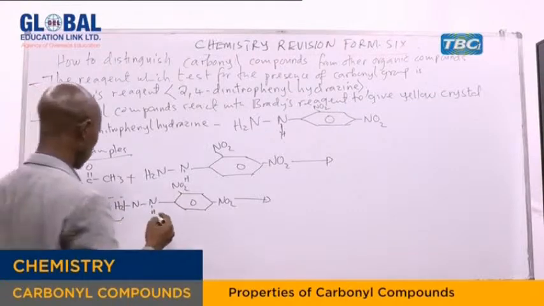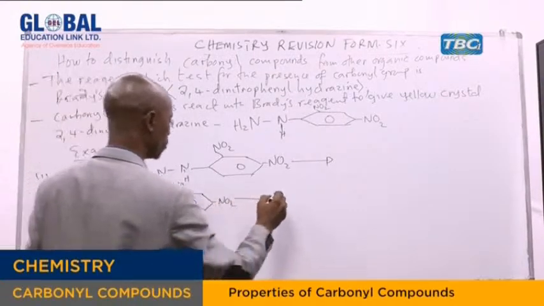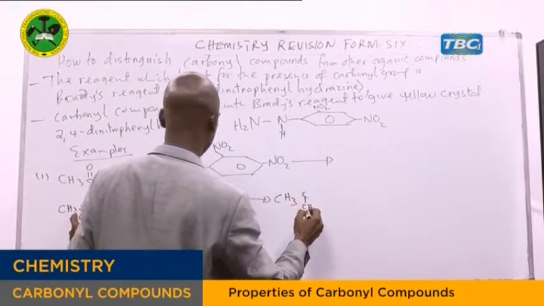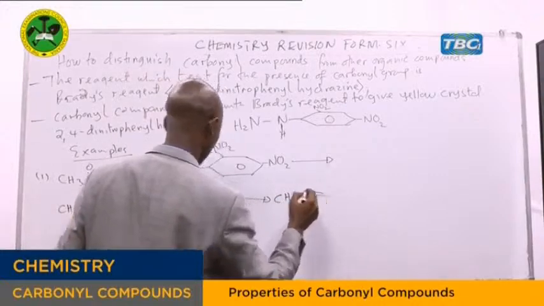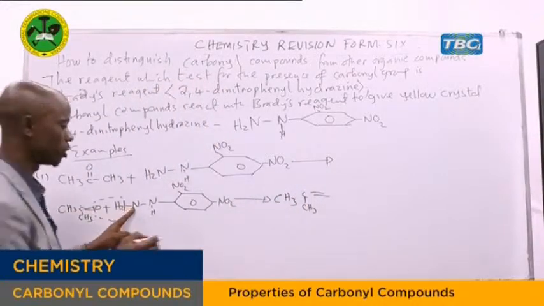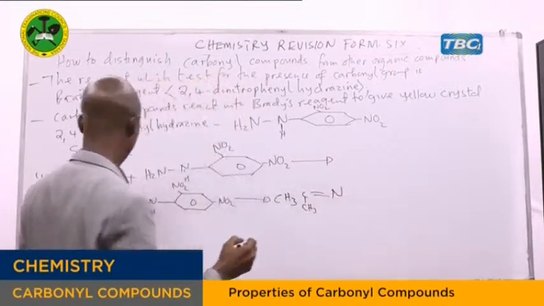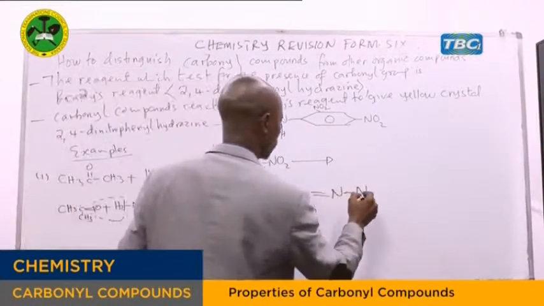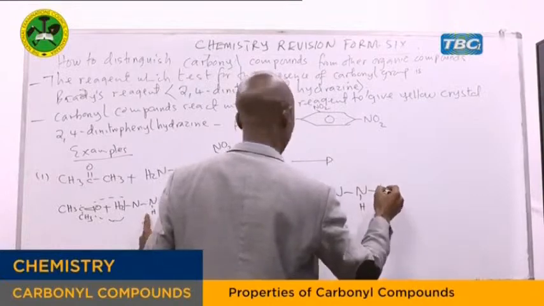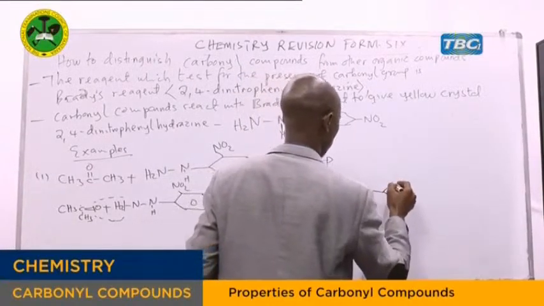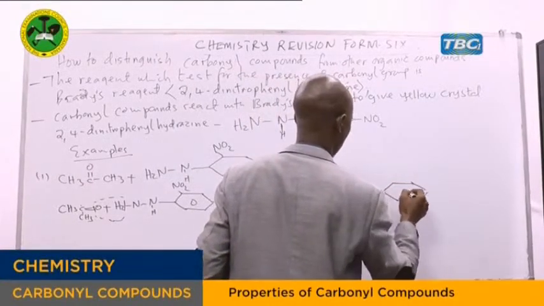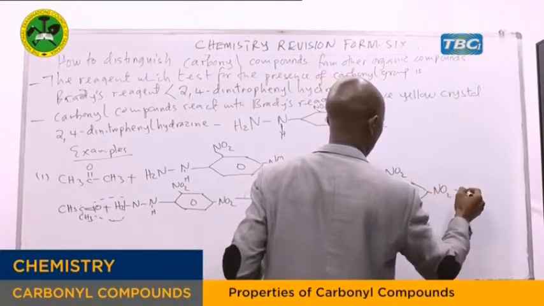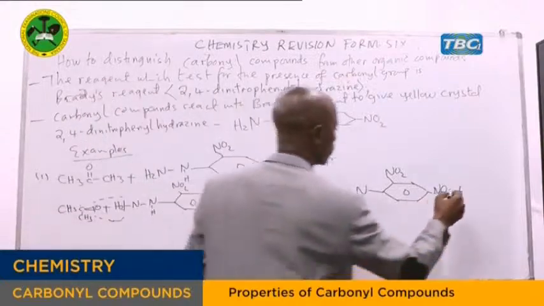The oxygen atom from the carbonyl group and the hydrogen atom from nitrogen will combine to form water, and this is a condensation reaction. So here we are going to form this double bond with nitrogen, and water.